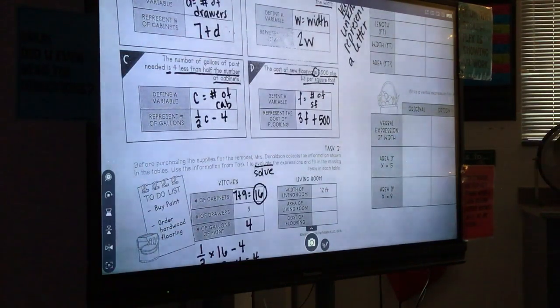Got it. Area, substitute. What? It's length times width, but you cannot forget your length. It is not 72. So if you're getting the answer 72, that is not right.